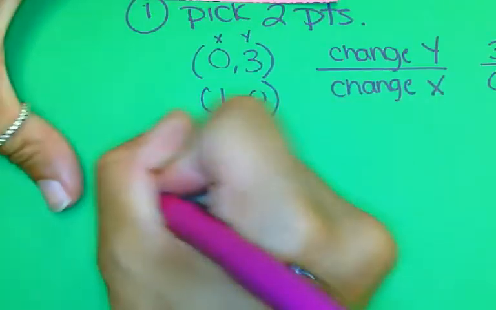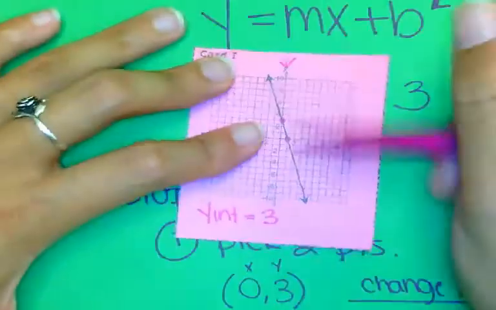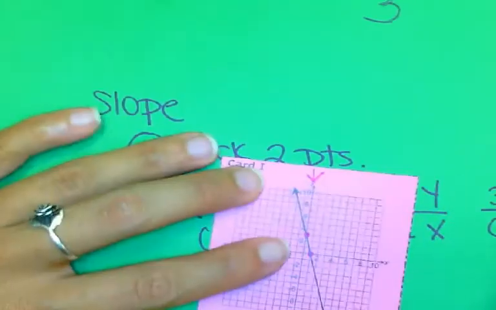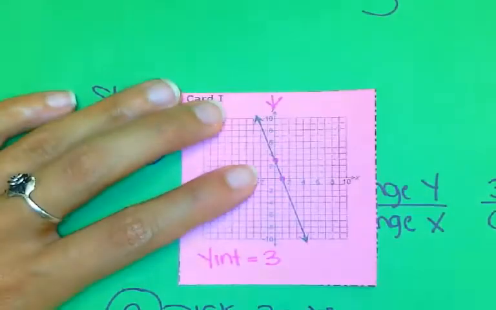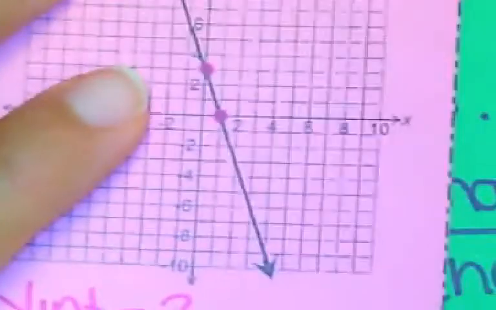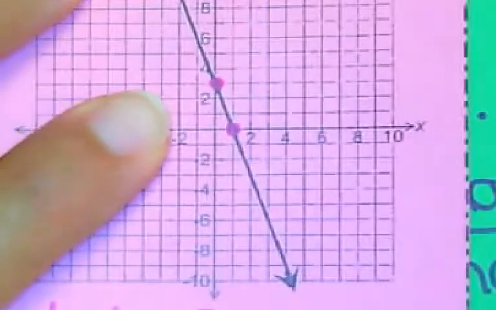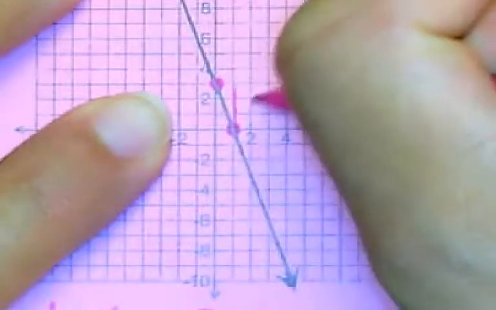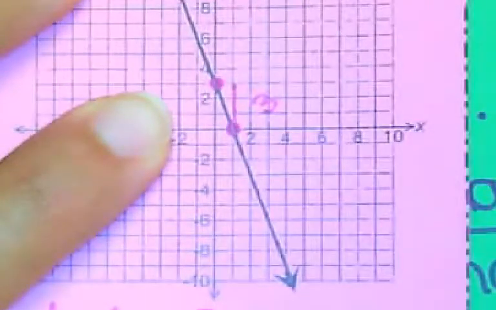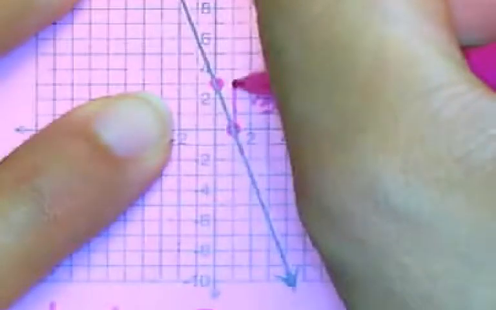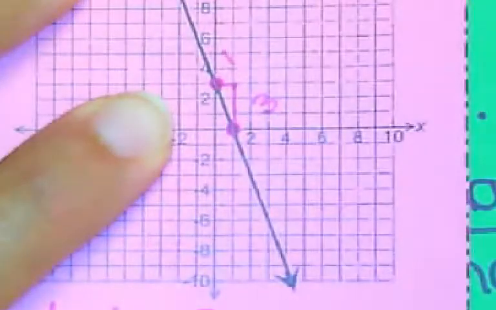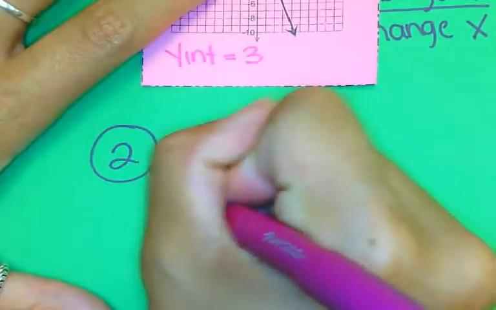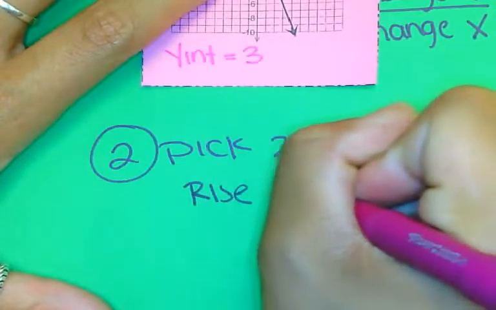The second way to do it is you pick 2 points, and then you count on your graph. So if we go here, we count. We say, okay, well, how much do I rise? 1, 2, 3. I rise 3. How much do I run to get to that other point? Oh, I go over 1. So I rise 3.